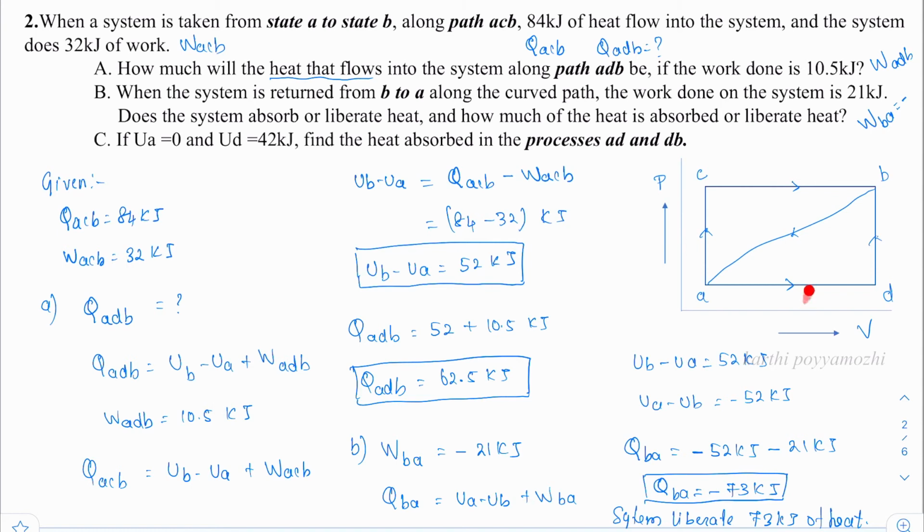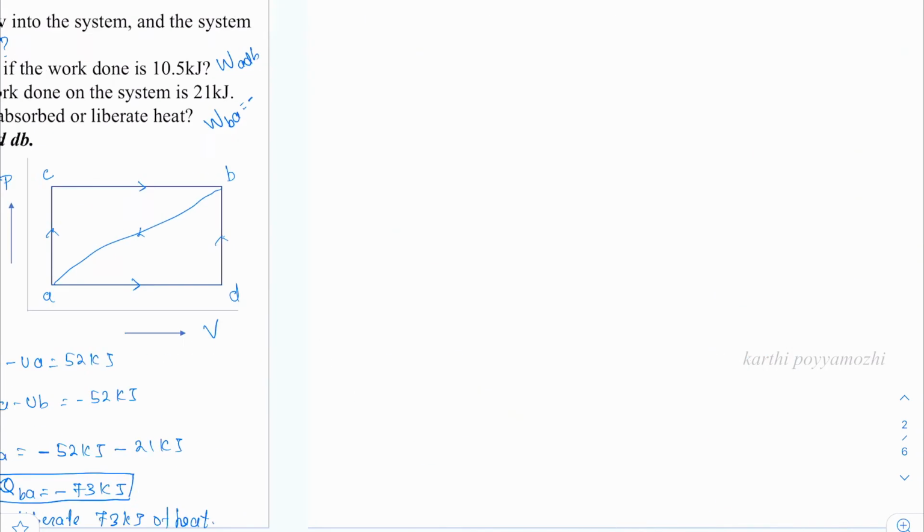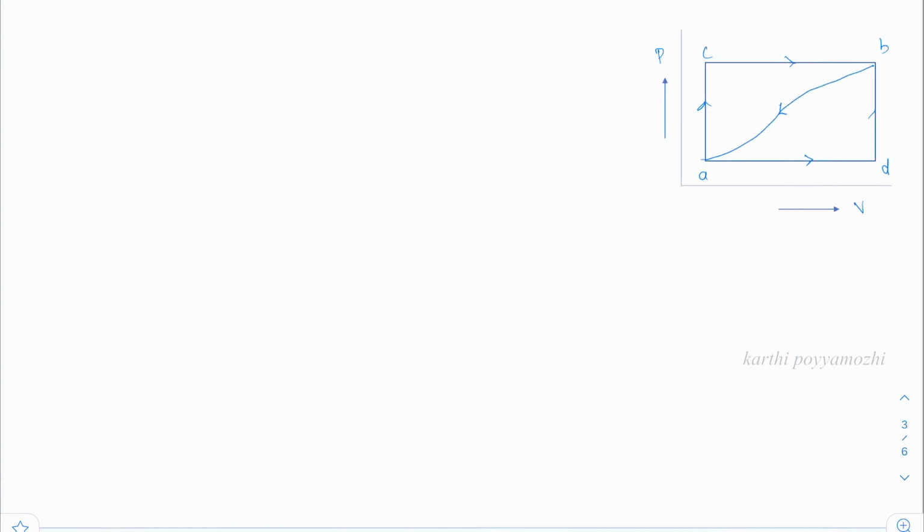We have to find Q of AD and Q of DB along this path, if UA is equal to 0 and UD is equal to 42 kilojoule. We have to find both values.